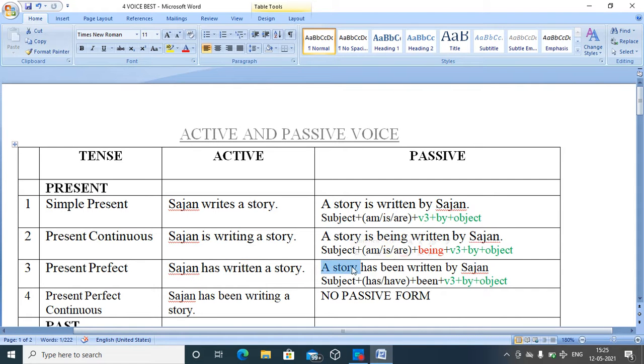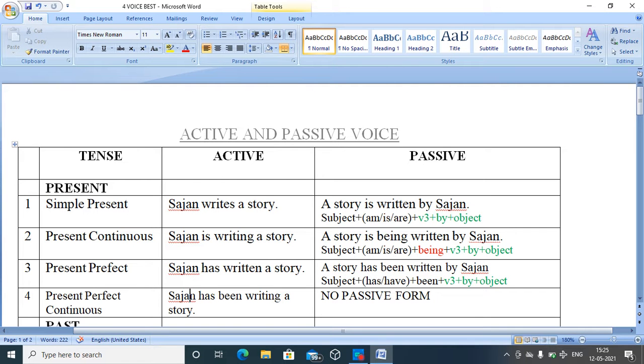So a story, you again take the same way. Sajan has written a story. Write, wrote, written. So that's a normal active voice sentence. A story, you take that back and make it the subject of the sentence. Has been. Actually, has been as a helping verb we know from the next neighboring tense.